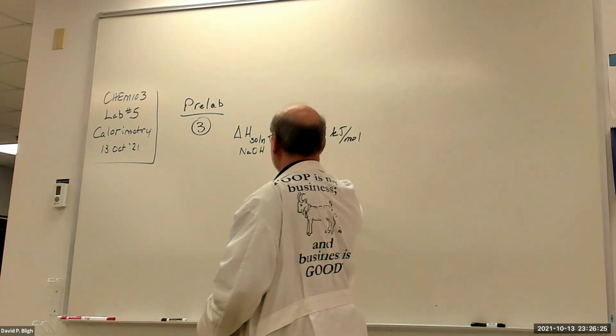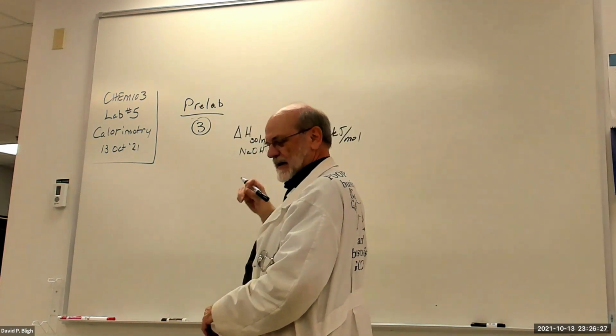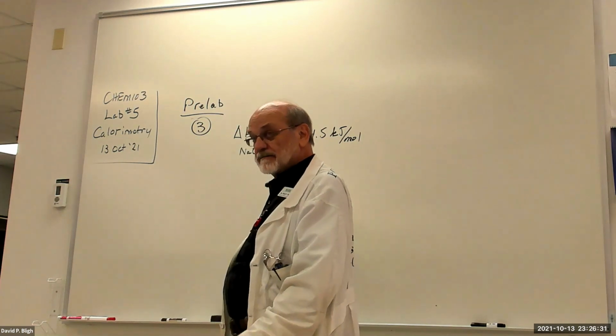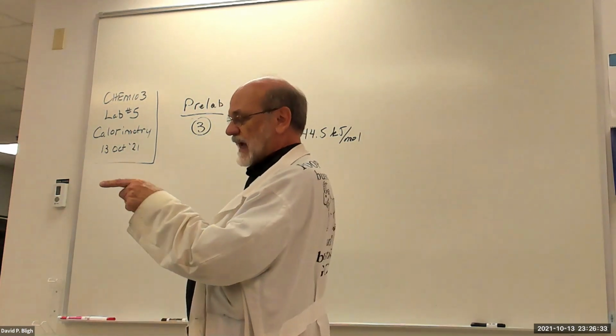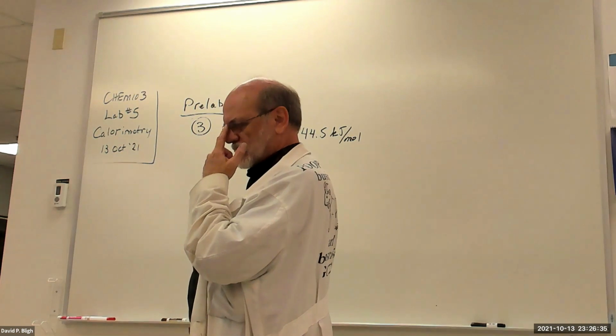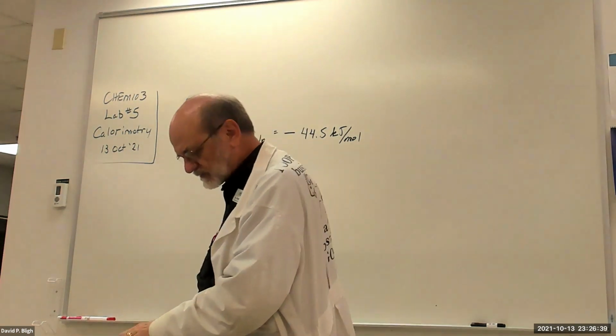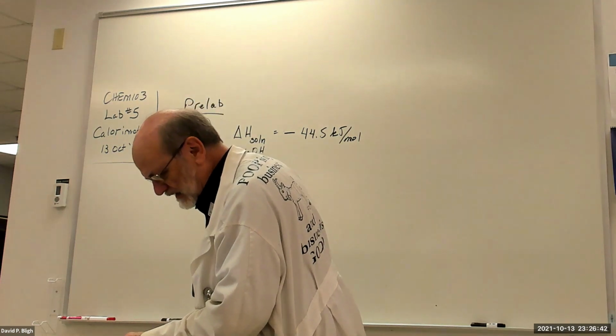So this is the heat of solution of sodium hydroxide. And the solution gets very hot. I made that the day before yesterday and let it sit overnight to cool. And let's see, what else?